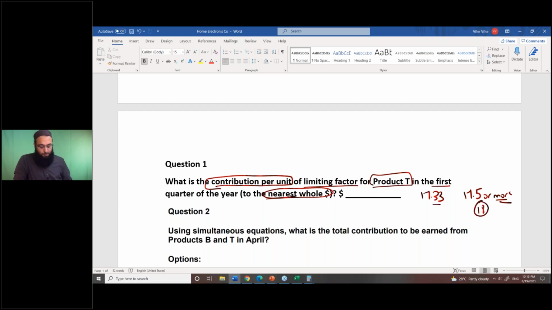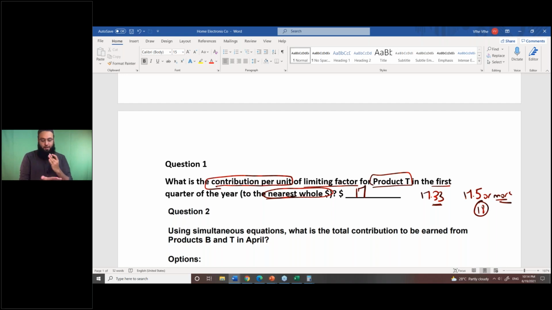But because it is less than 0.5, the answer here will be 17. Someone was asking me today about rounding to the nearest, so this is how you have to think.